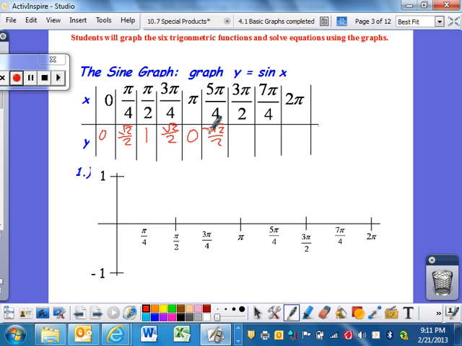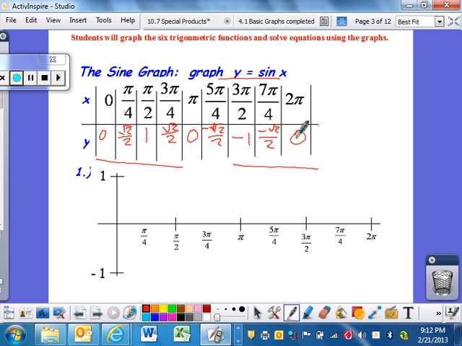We'll notice that this is the same trend for all of these, so we can follow the same things as we did over here and apply that to our next three. So we have negative square root of 2 over 2, we have -1, negative square root of 2 over 2 again, and then 0. So if we look at our graph down here, we can start to graph these points.